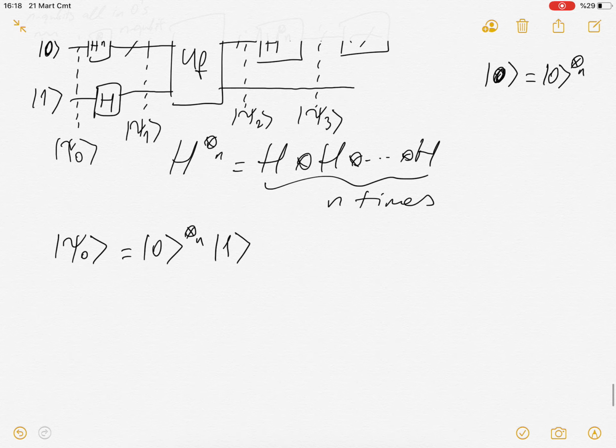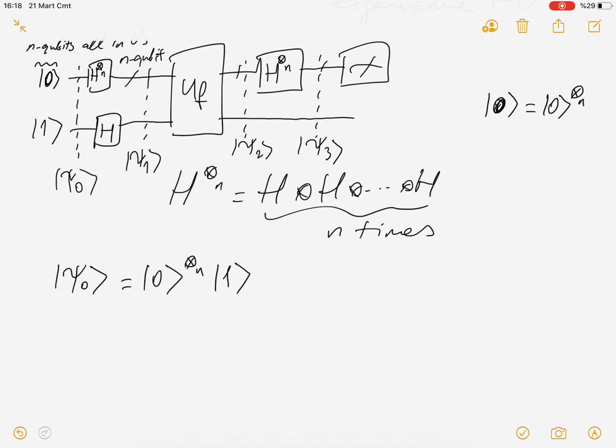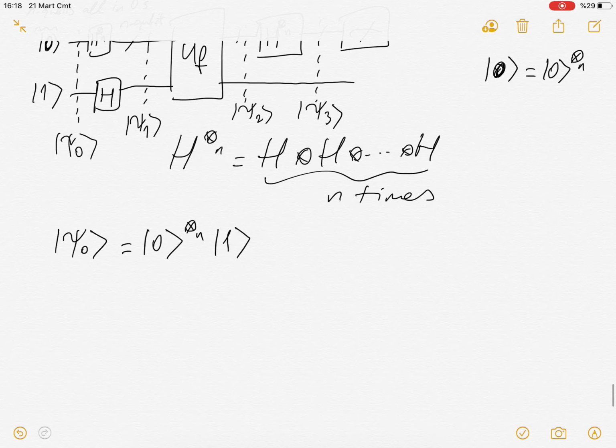Now what happens if I apply an n-qubit Hadamard transform on an n-qubit register with all zeros? We already know the behavior of the single-qubit Hadamard transform on ket 0. It produces a superposition with the plus phase.